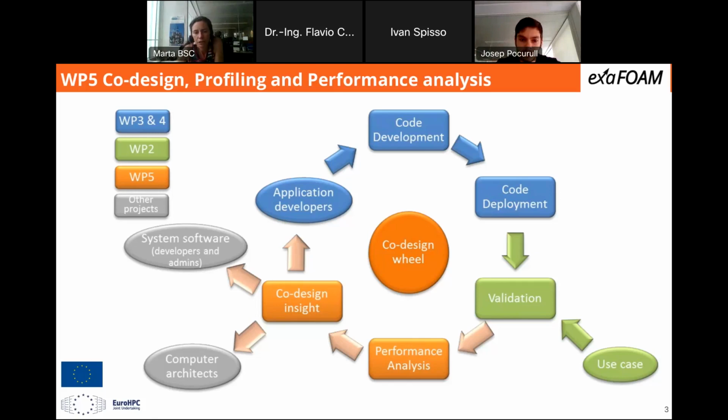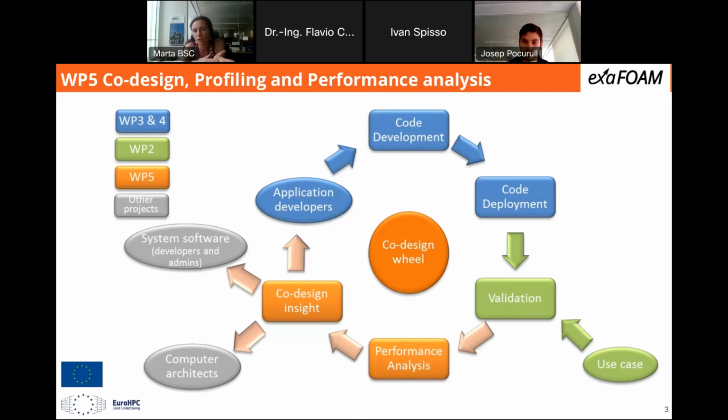This information can be directed to the application developers on ways to improve their code, but we can also get information for computer architects on which are the issues of the hardware that we are facing, or to other components of the system software. Could be programming models, compilers, libraries, the different layers of the software stack.